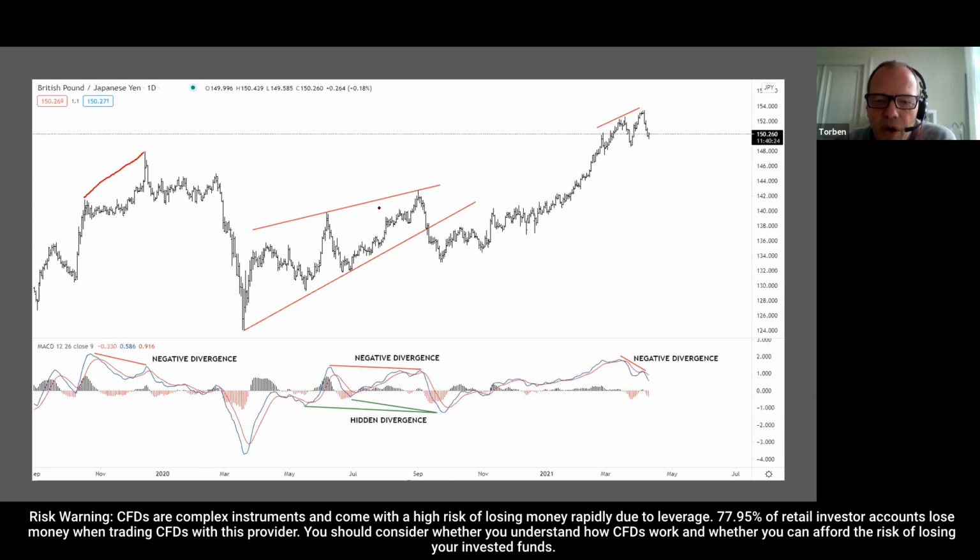Actually, this is a longer one, but still, you had it here, and you can see again the hidden divergence that we saw before is turning up here again. This one is below those other ones here, so we had the hidden divergence indicating a strong move up again to follow. And finally, the negative divergence here too.